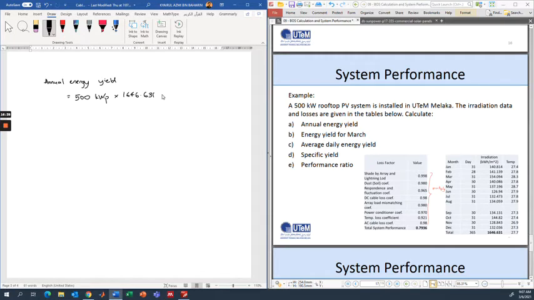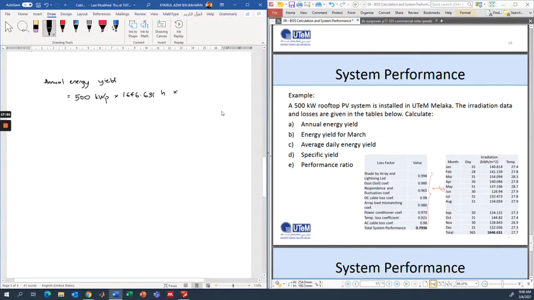The unit is equivalent to hour. We can put it as hour. Because remember just now I said it's 1646 hours multiplied by 1 kilowatt per meter square. And then multiply by the total system performance.